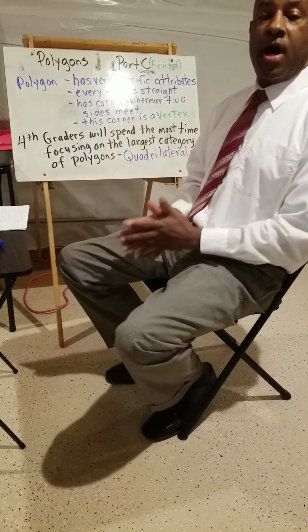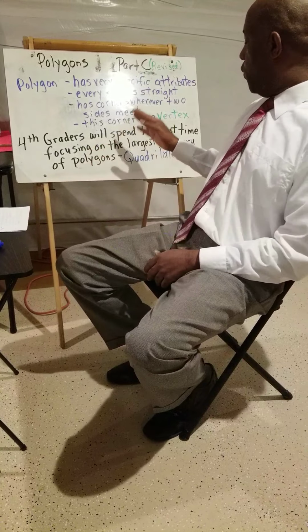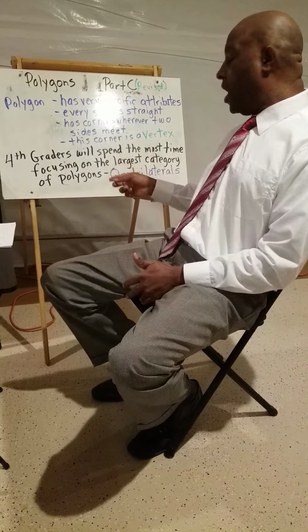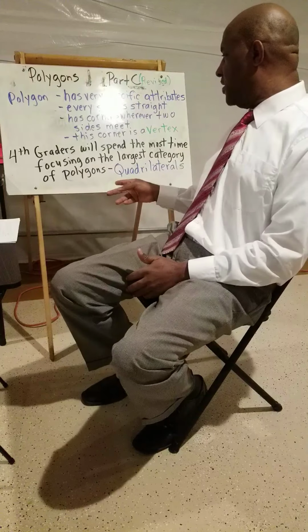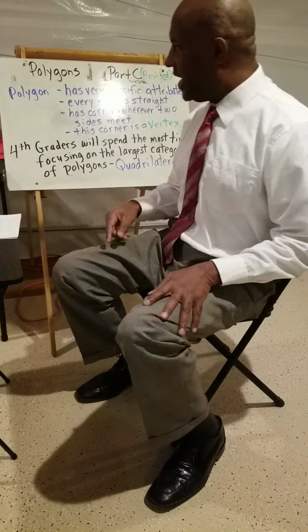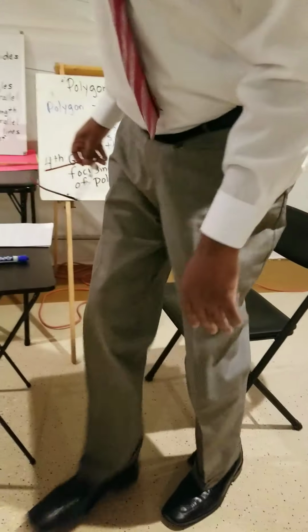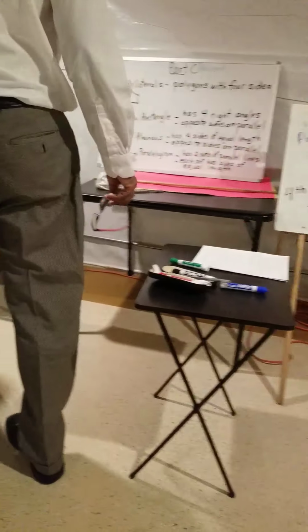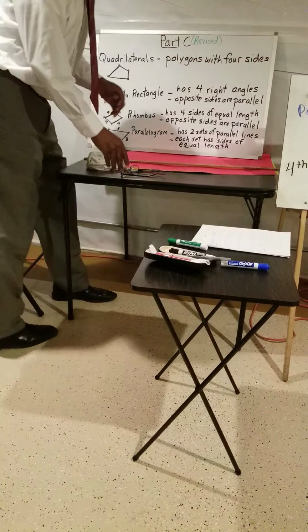But for the most part in 4th grade, we will spend the most time focusing on the largest category of polygons, and that is quadrilaterals. So let's take a look at these different types of quadrilaterals.